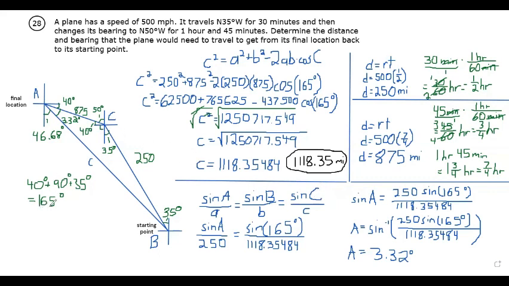So we already know that angle C is 165 degrees. And then it's also going to include the side C, which we just found here. I would recommend using the calculation that has the more decimal places, so that our final answer is more precise.